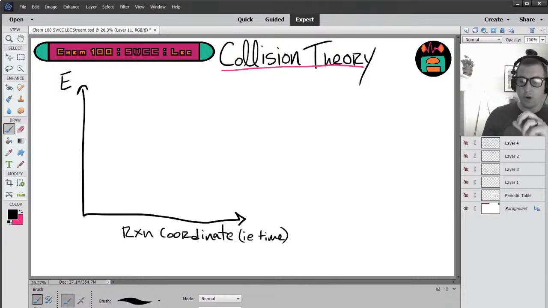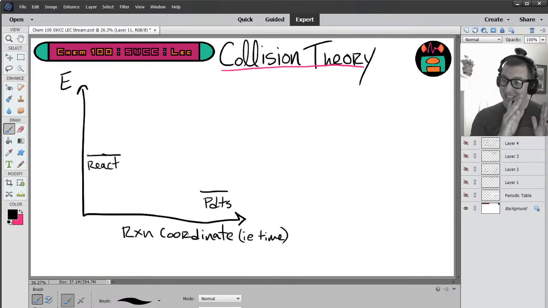For this type of graph, which is called a reaction coordinate diagram, there it's right on the x-axis. As you're close to the origin, this is where your reactants are. And then as you move along the x-axis, your reactants become your products. All right, so this is mapping how energy changes as you move from the reactants to your products.